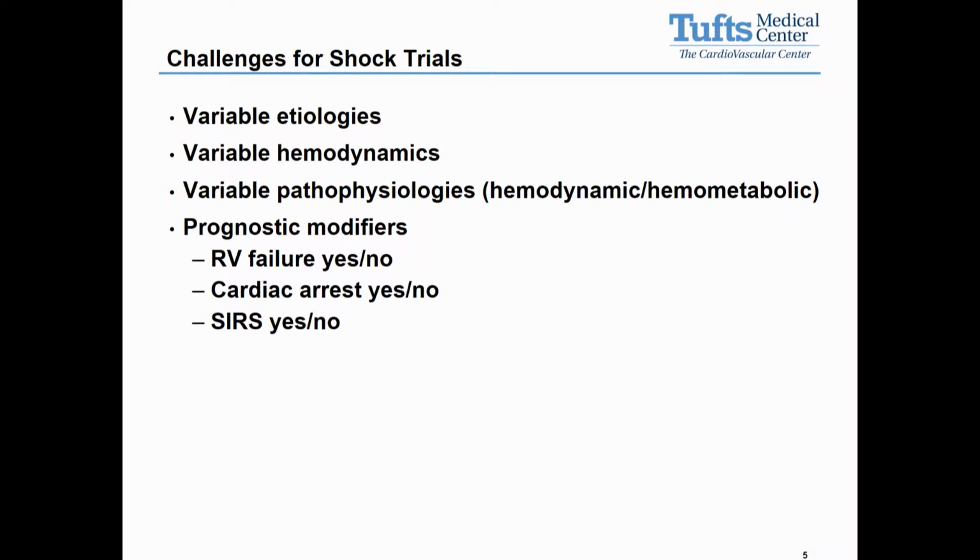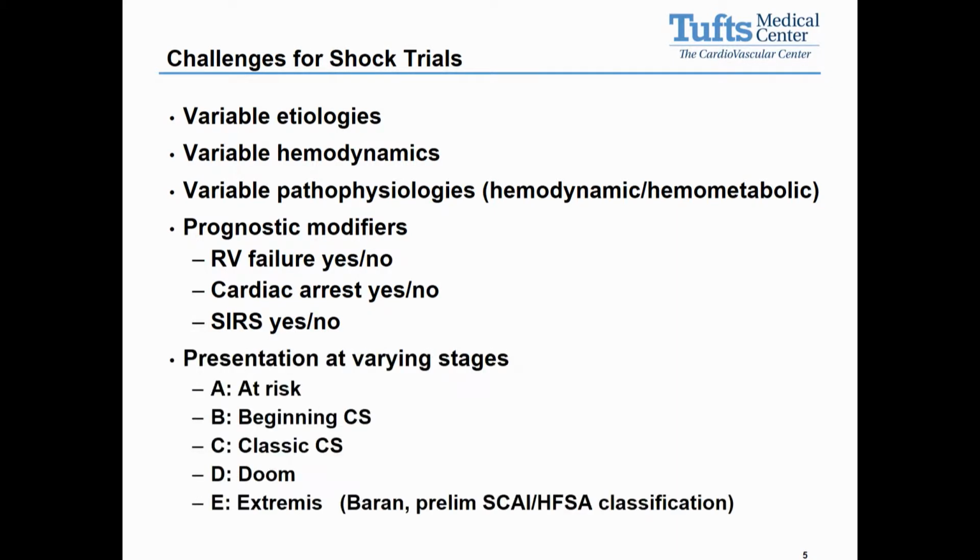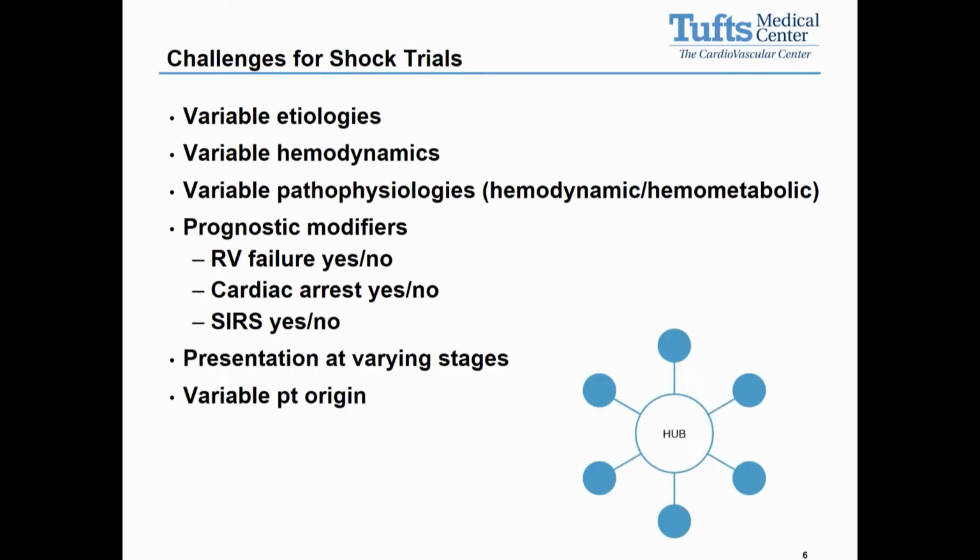Do they have RV failure? Did they have a cardiac arrest or not? As David talked about yesterday in the classification, do they have SIRS or not? And they present at varying stages, and here are the different stages from the preliminary classification that David talked about yesterday. So how in the world do you ever gather this together and do clinical trials?